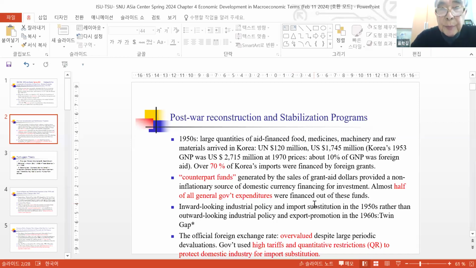So in other words, through Samsung. Samsung started as a sugar importer. So they allowed import licensing to Samsung so that Samsung could be allowed to import a lot of sugar cane, and then domestically produce sugar as a substitute. I don't know whether you know of Korean chaebols like Lucky Gold Star.